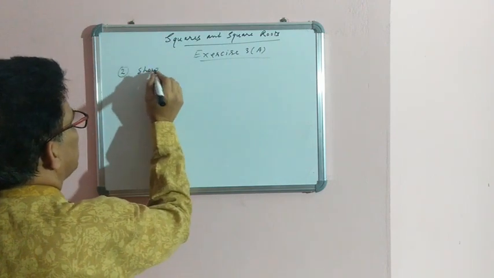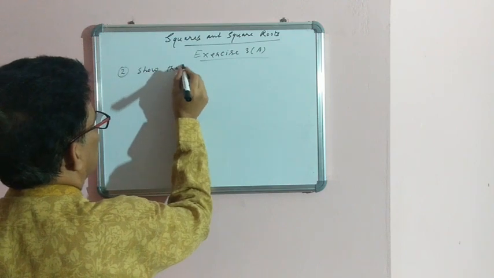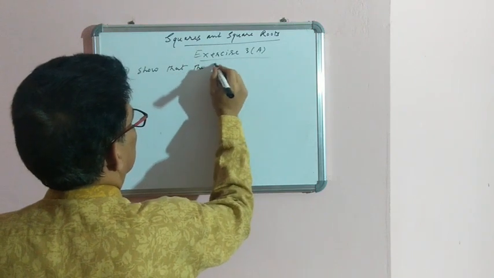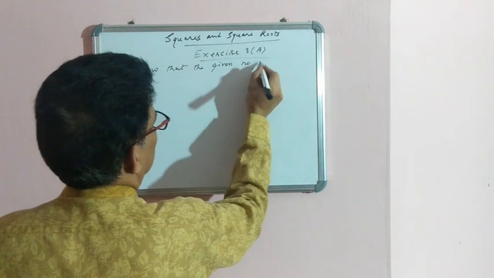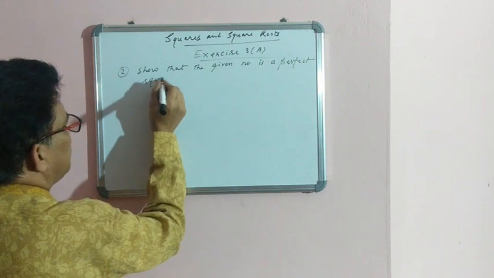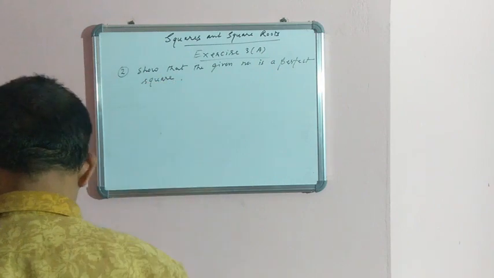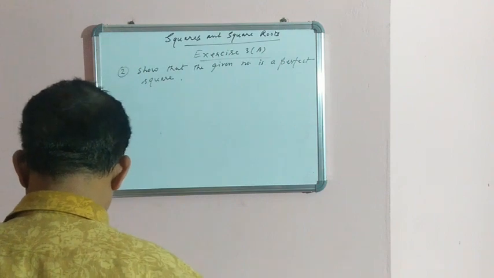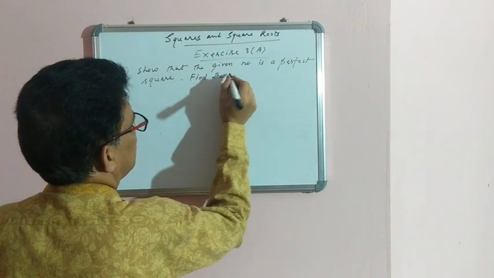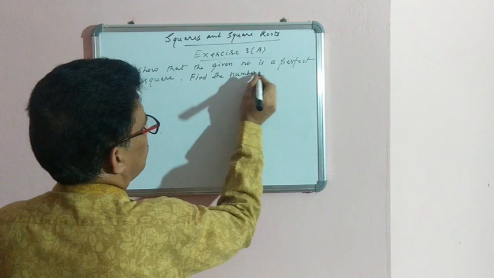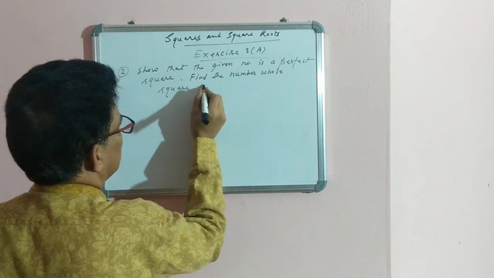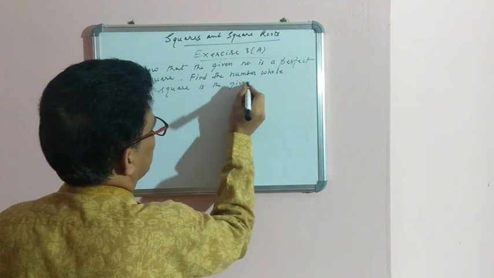First show the given number is a perfect square, and also, in each case, find the number whose square is the given number.